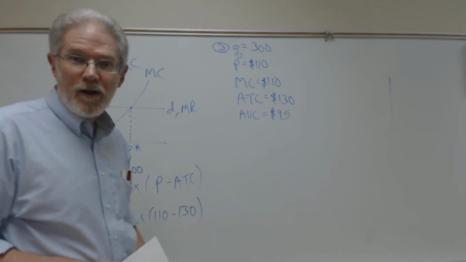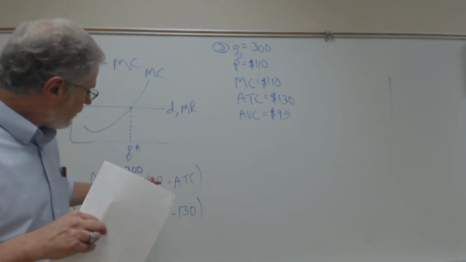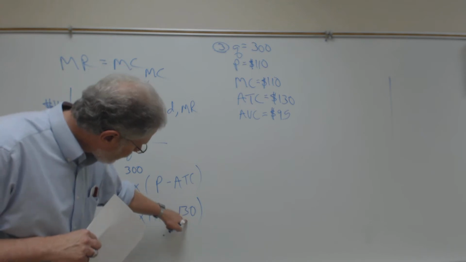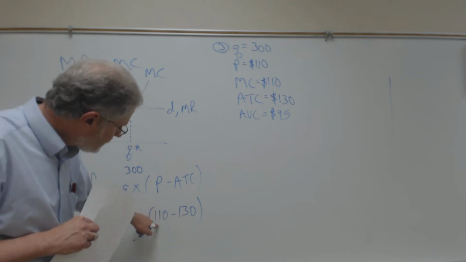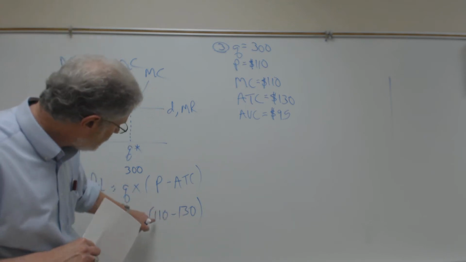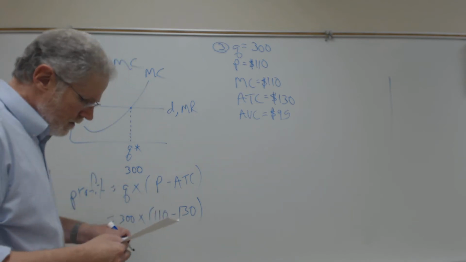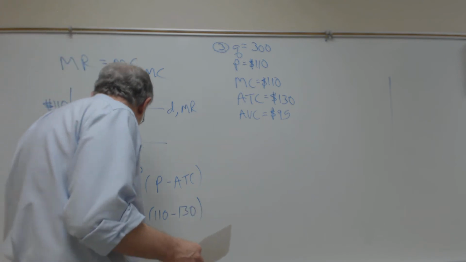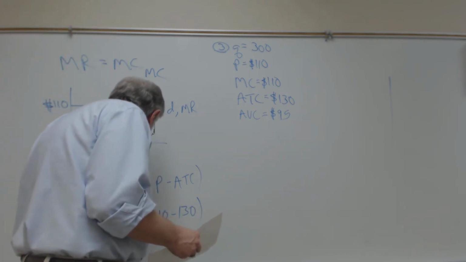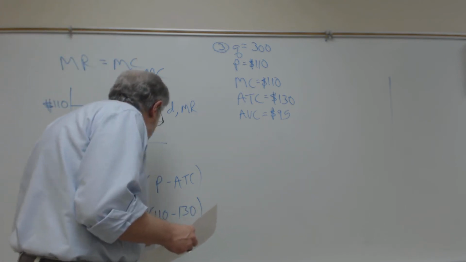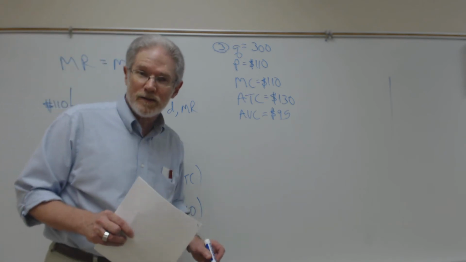Is the firm making any profit? No, because its average cost, its per unit cost, exceeds the price that it's charging. It's losing $20 per unit. If we multiply that out by 300 units, we see this firm is experiencing a loss of $6,000.